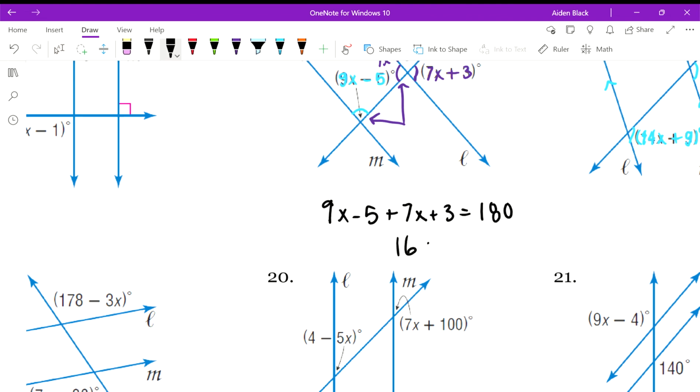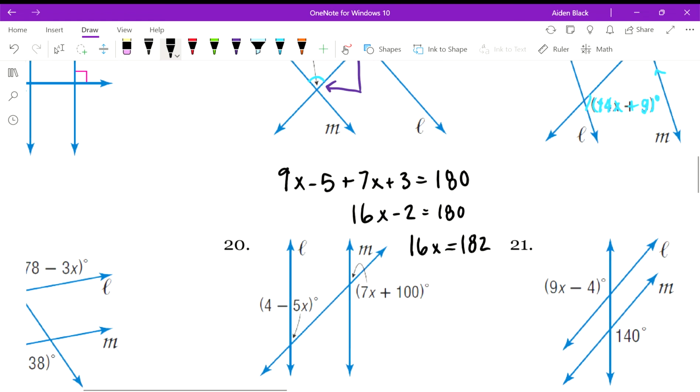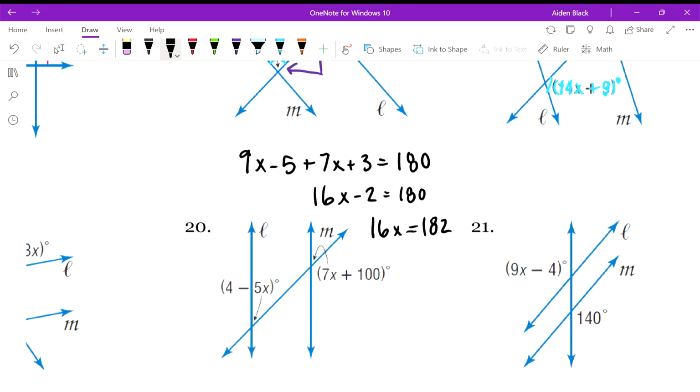When solving, we combine like terms. Plus 2. So that would be 10 and some change.